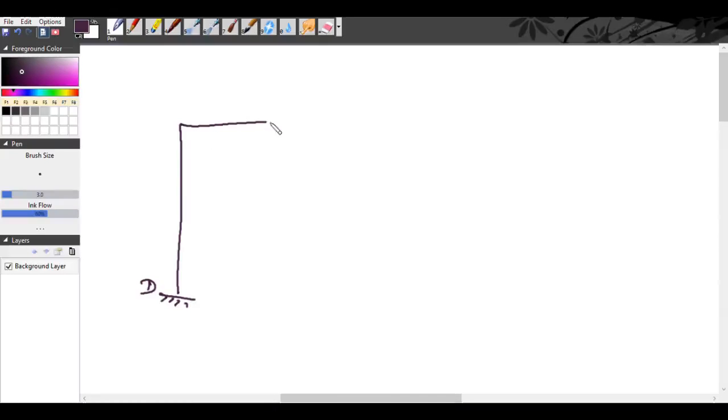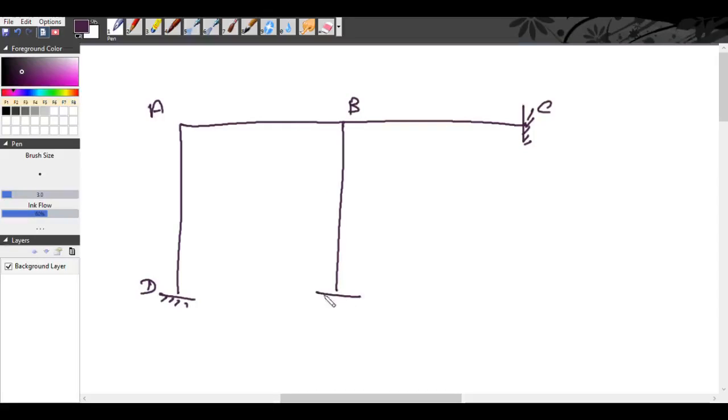You have a span A, B, C, D is fixed, C is fixed. Here it is hinged support E, 3 meter length, AD is 3 meter length, BE is 3 meter length.